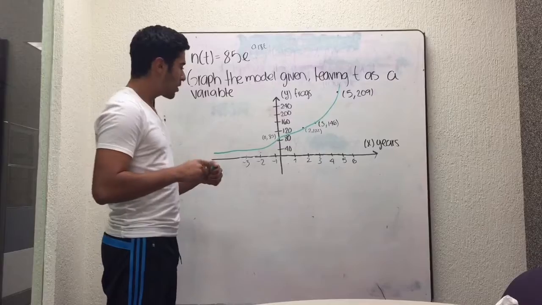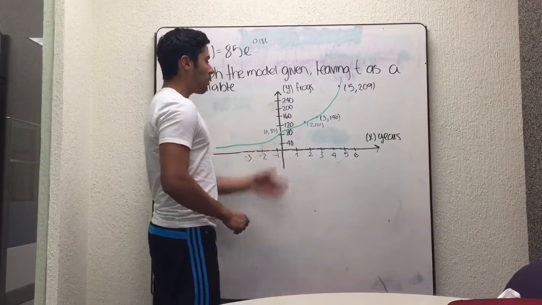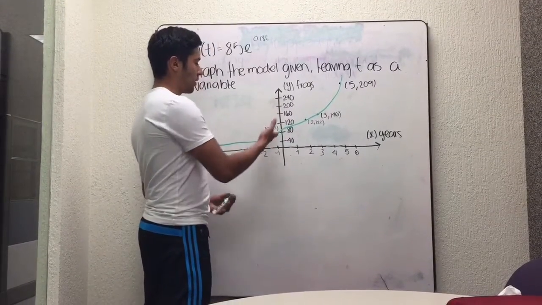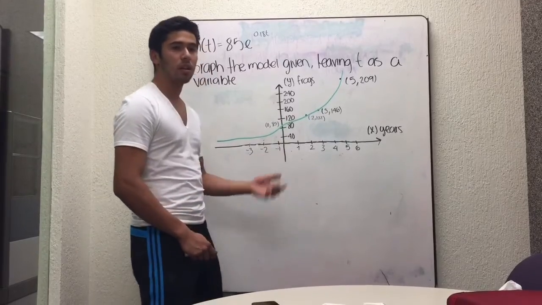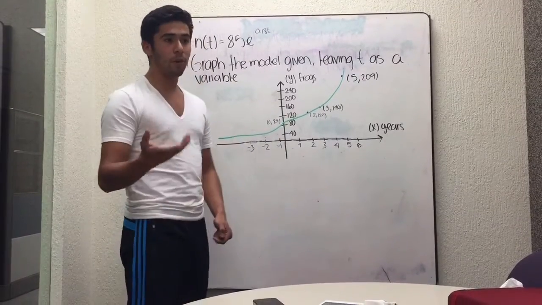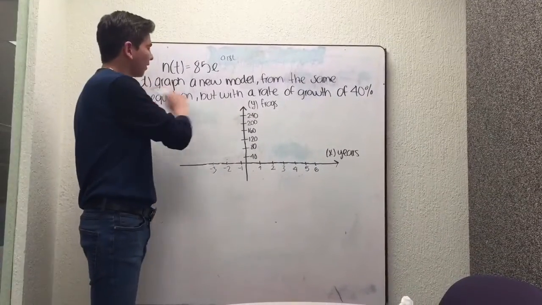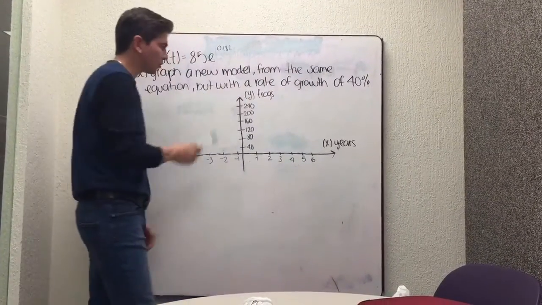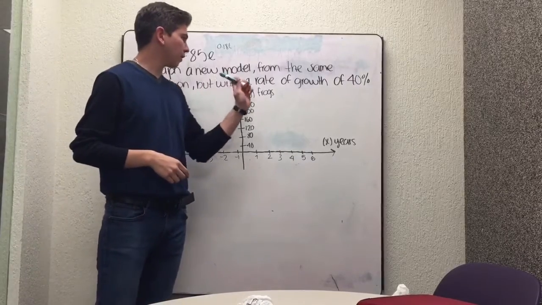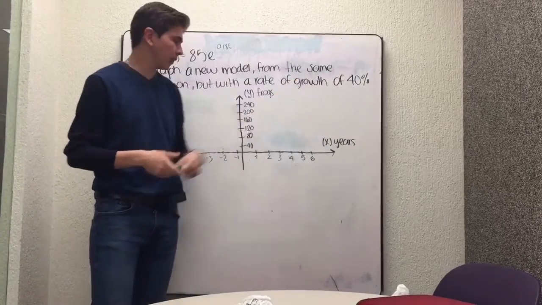We have a y-intercept at 85 because it is when the population of frogs starts to grow. Now we have to graph a new model from the same equation, but with a growth rate of 40%.